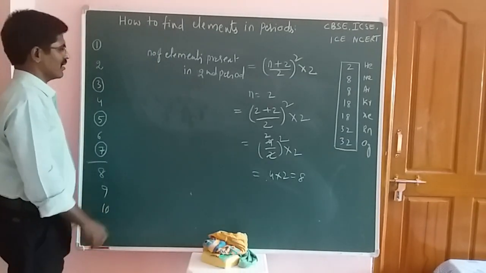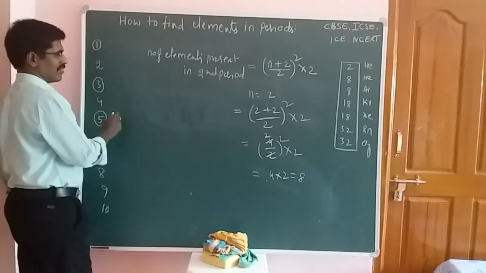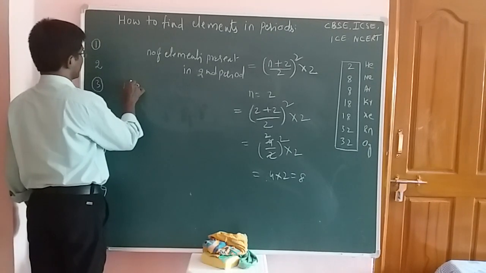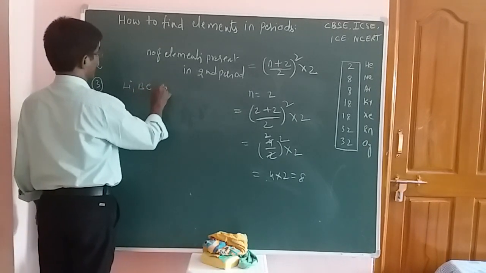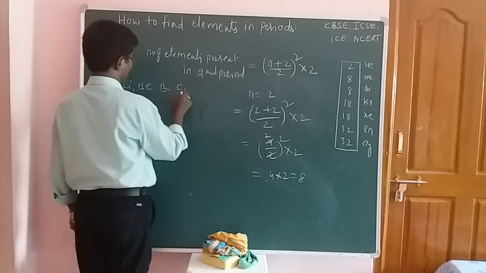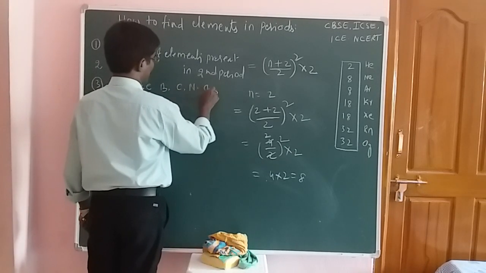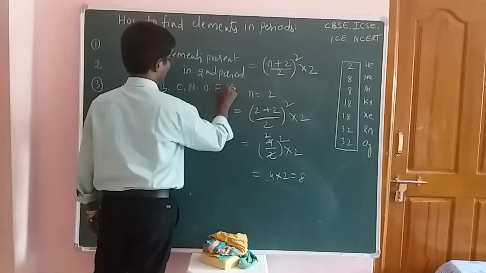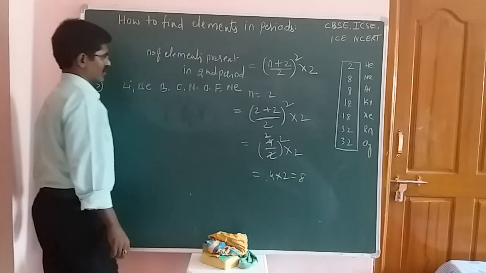Now I will write down these elements also. 8 elements in the second period: lithium, beryllium, boron, carbon, nitrogen, oxygen, fluorine, and the next one is neon, students.